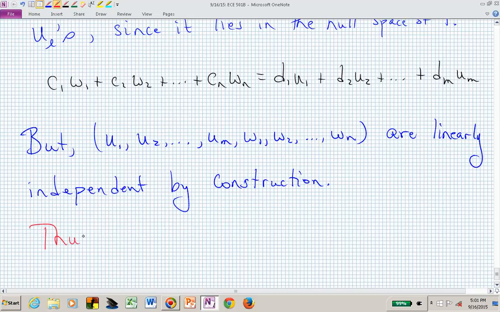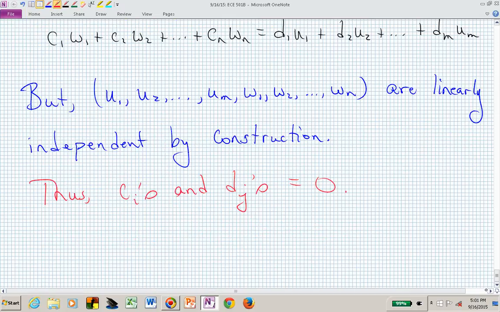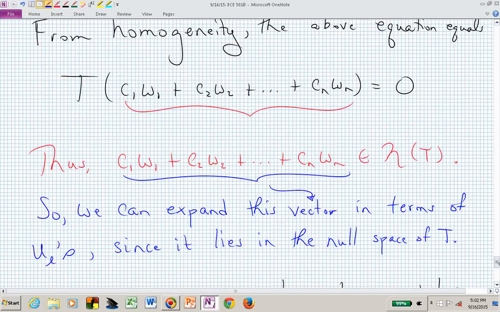Thus, C sub i's and D sub j's are equal to 0. I have a lot of transitions here, but if the C sub i's equal 0, remember we had an equation up here.